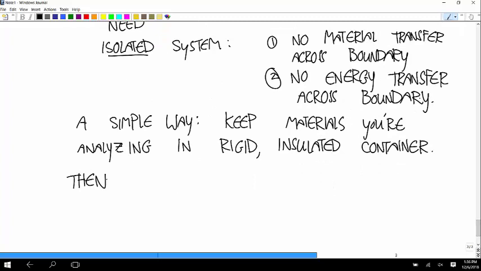Then for this isolated system, there's no heat transfer across the boundary.